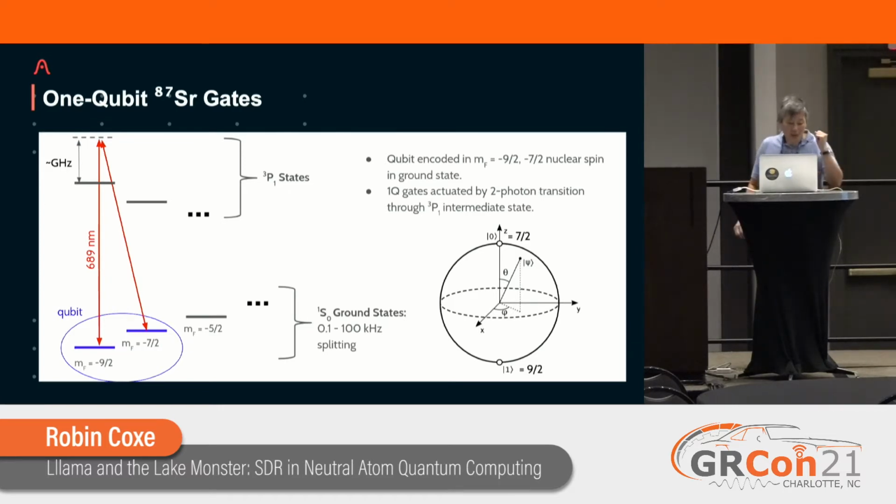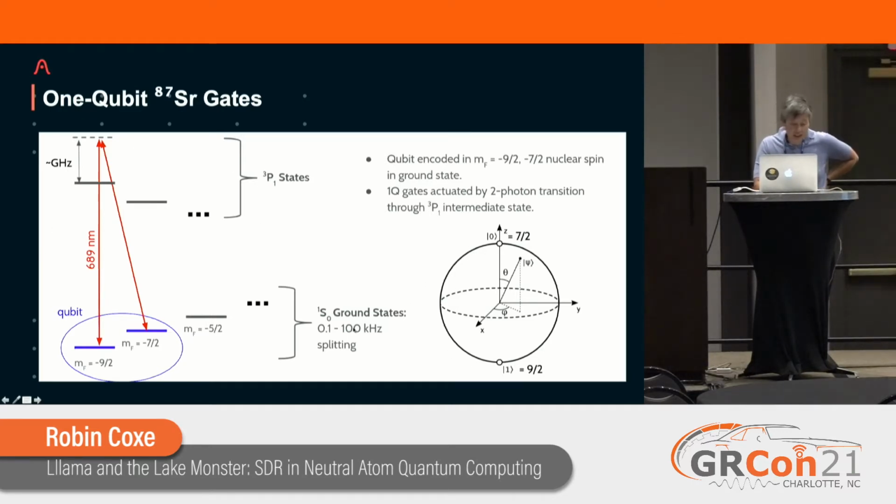We have a strontium atom in the ground state. We apply a magnetic field. The magnetic field splits these ground state energy levels, and we take advantage of two of them to create our single qubit gate. And we actuate the gate through an off-resonant coupling to coherently rotate between the 0 and 1 states on the sphere.